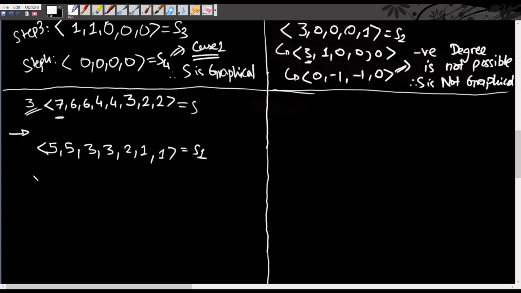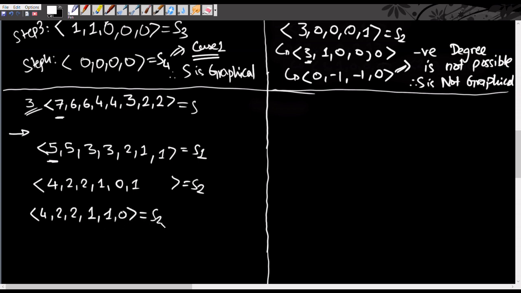Now continuing the process in your S2, you'll remove this 5 and reduce the next 5 entries by 1. So you're left with 4, 2, 2, 1, 0, 1. This is not in descending order, so you reorder it to get 4, 2, 2, 1, 1, 0.